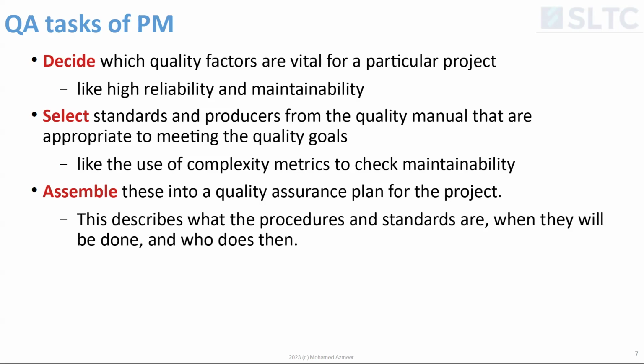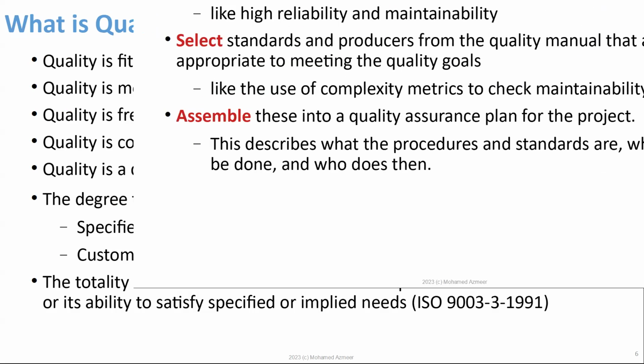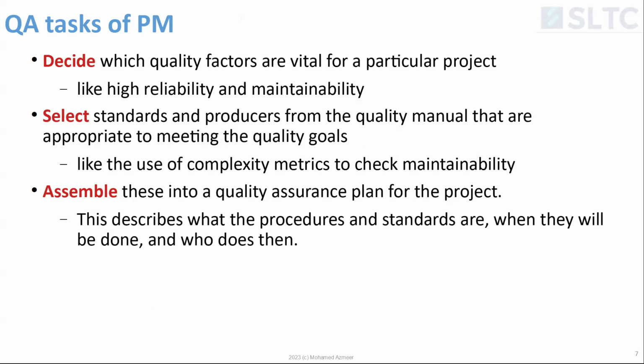One is deciding, two is selecting, third one is assembling, right? Number one is to decide which quality factors are vital for a particular project. You see there were so many different definitions here, right? So which one are we going to take? The definition for our project is the first one, deciding. Say, as an example, high reliability and maintainability. Is that what we are going to look at? That is a decision the project manager makes first.